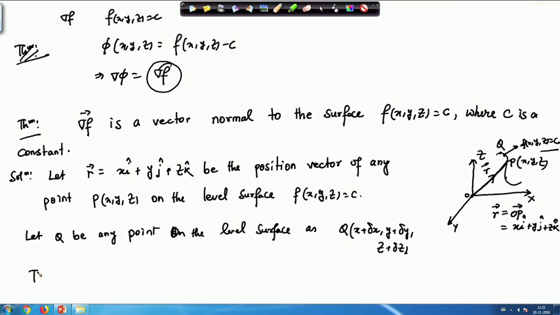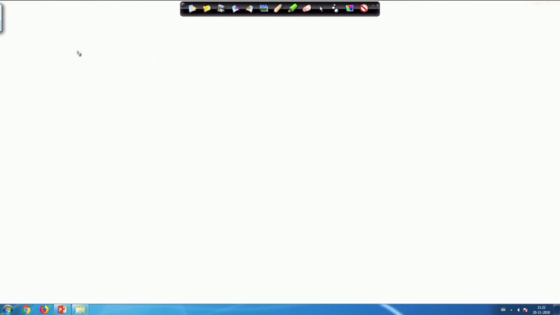Then the position vector of Q, OQ, can be given by (x plus delta x) i plus (y plus delta y) j plus (z plus delta z) k. I can write it as (x i plus y j plus z k) plus (delta x i plus delta y j plus delta z k).